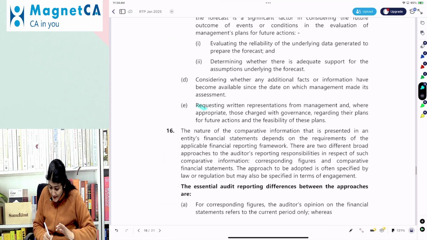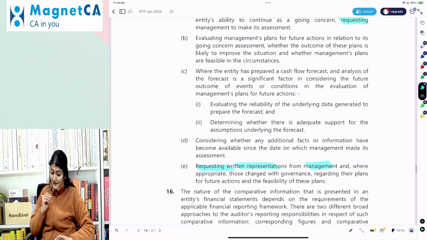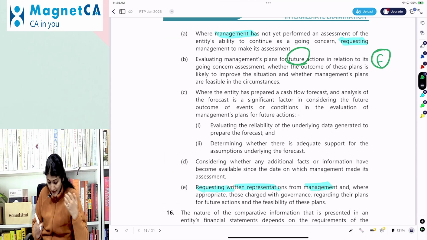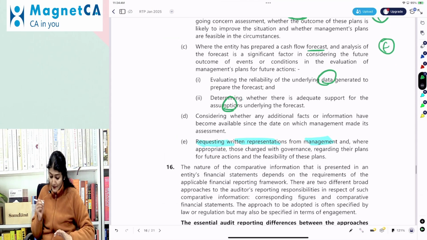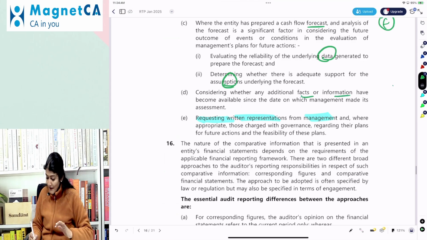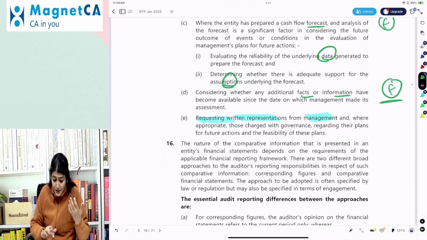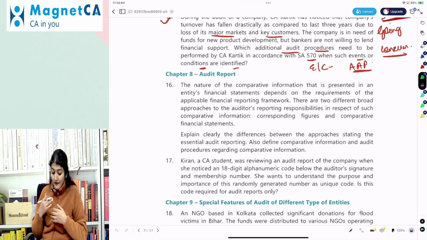Last one, requesting the management to give you the representation. Then evaluating management's plan for future action. If the entity has prepared a cash flow forecast, you are going to check the data and the assumptions and whether any additional facts or information are available. Right? Whether any additional facts or information are available.